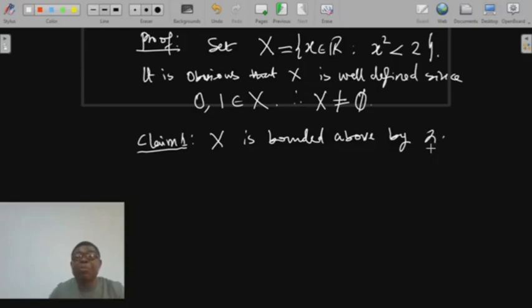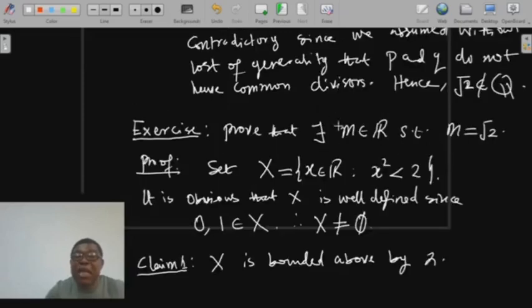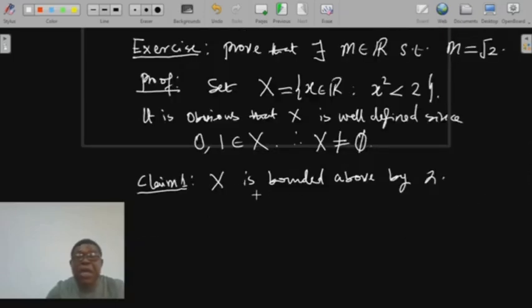We call this supremum gamma naught. Our target is to show that this supremum gamma naught will end up being square root of 2. If we get that, we will choose the term we are looking for to be gamma naught, and that will complete the proof. So X being bounded above by 2 is what we'll try to justify now.